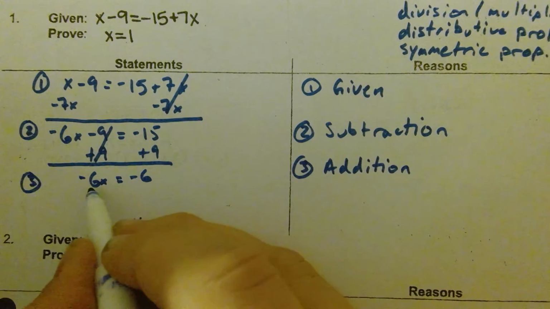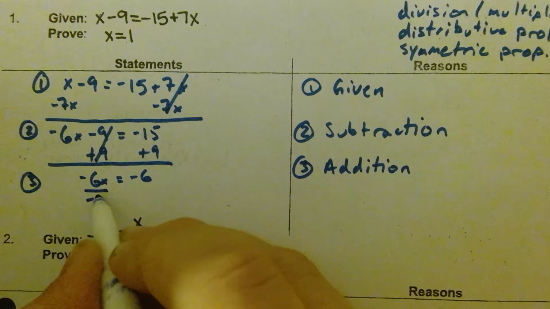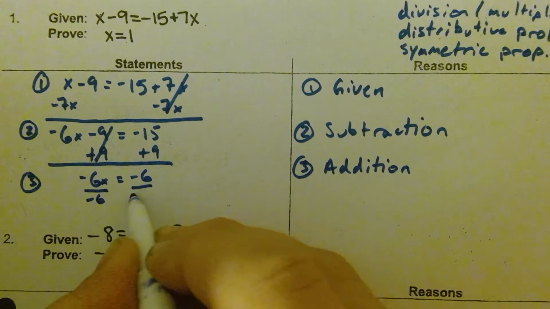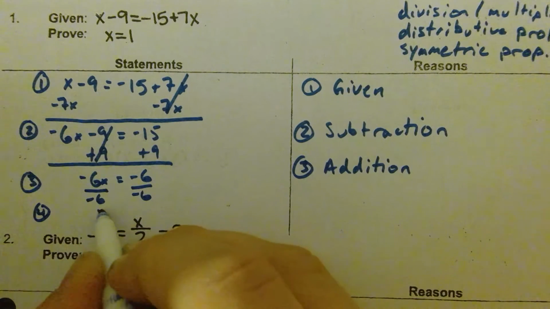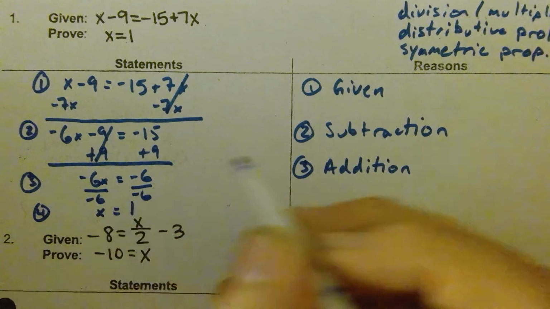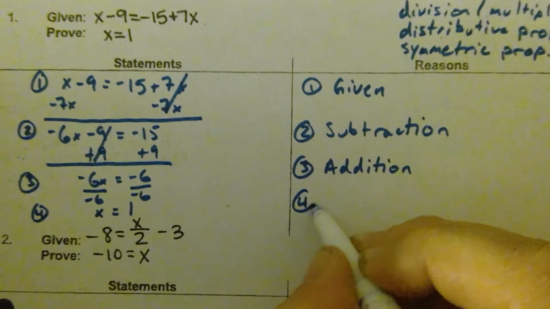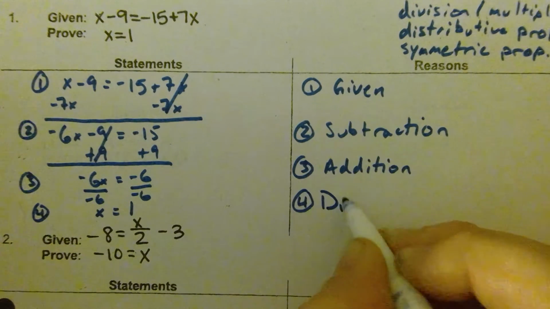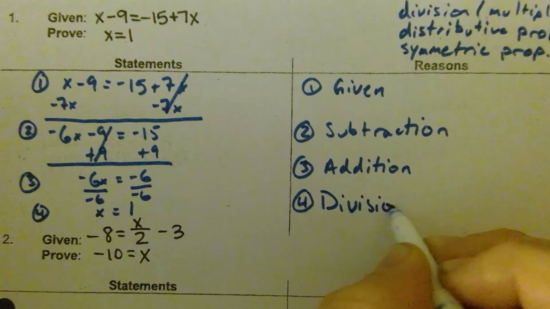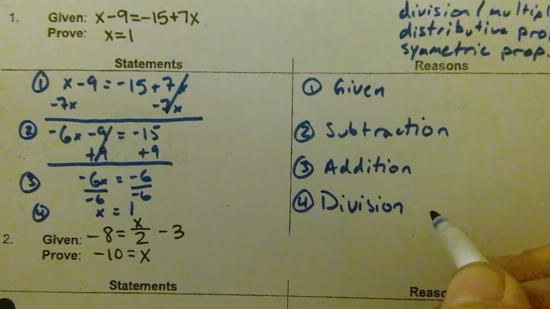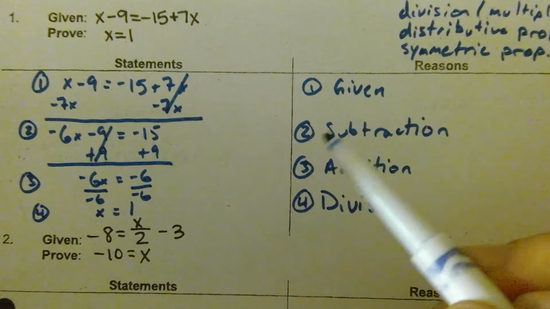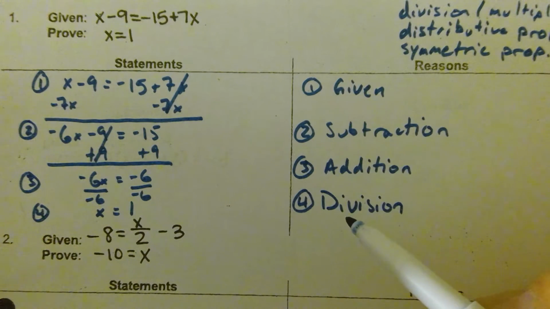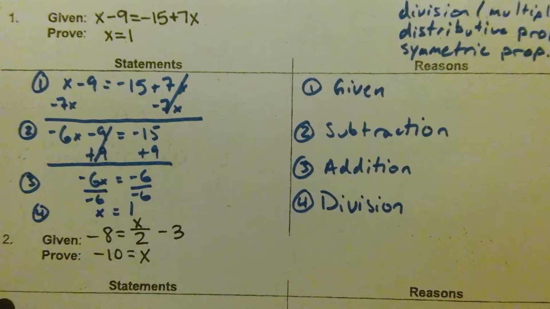And then I'm going to divide by negative 6 on both sides to get my last statement of x equals positive 1. How did I get to x equals positive 1? We did division. So we're basically just showing our work in the statements, and we're saying why we were able to do what we did in the reasons, just like our geometric proofs and just like our proofs before.